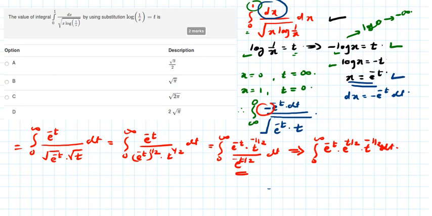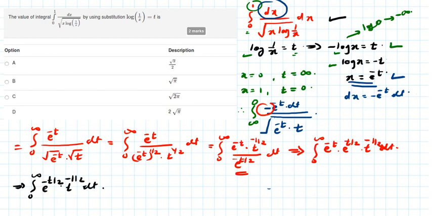Okay, so again this is equal to integration 0 to infinity e raised to minus t plus t by 2, so that will be minus t by 2 into t raised to minus half dt.